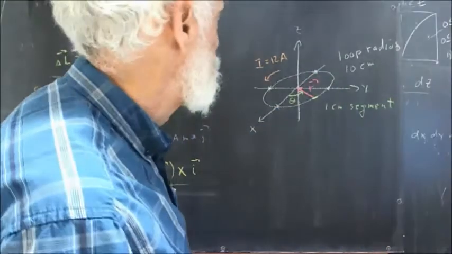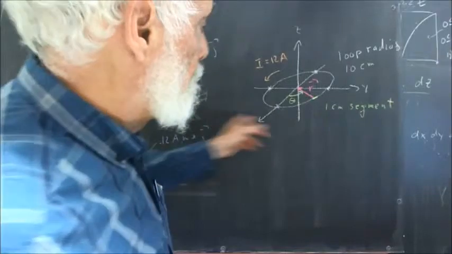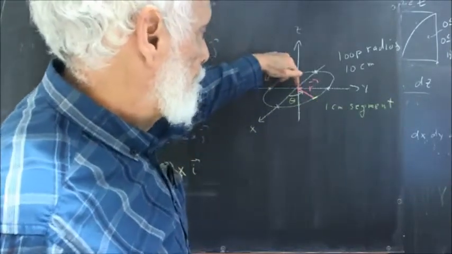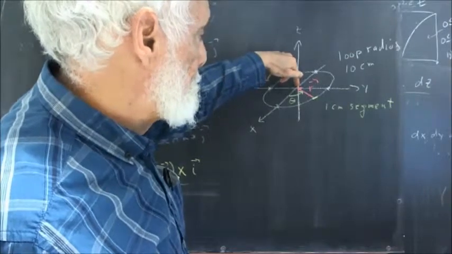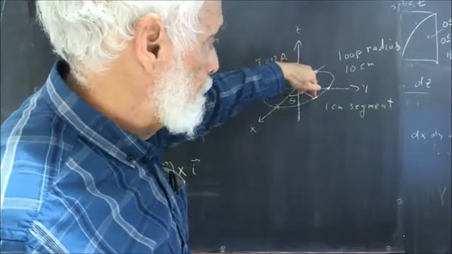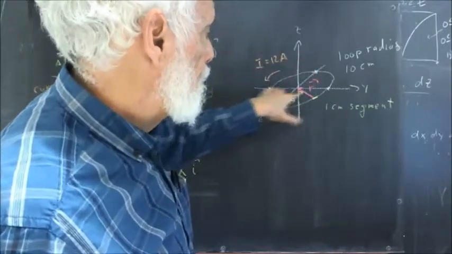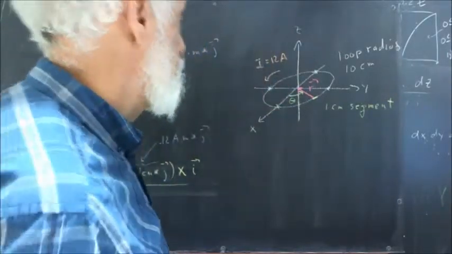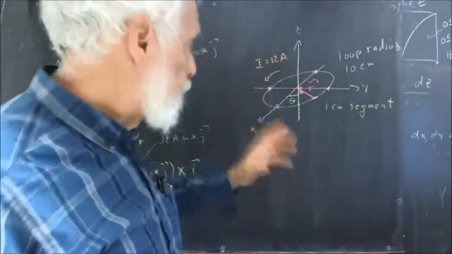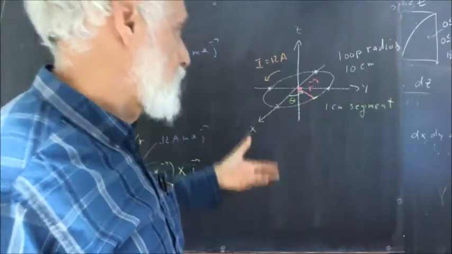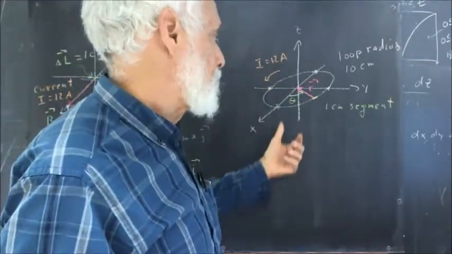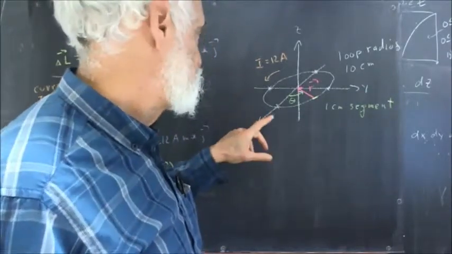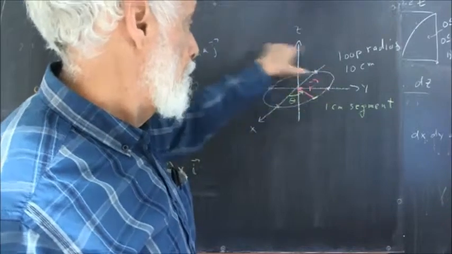Now, maybe I didn't say it. We consider this 1 centimeter segment to be such that some vector from the origin out to a point of the segment makes angle theta with the positive x-axis. As it's stated in the problem, the coordinates are 10 centimeters, theta, and theta is any angle.